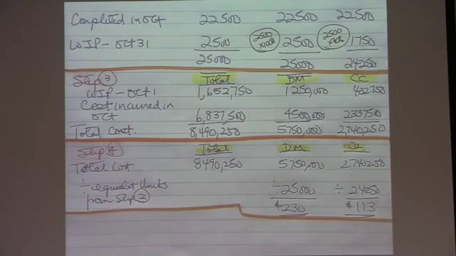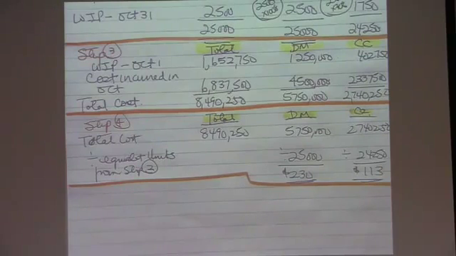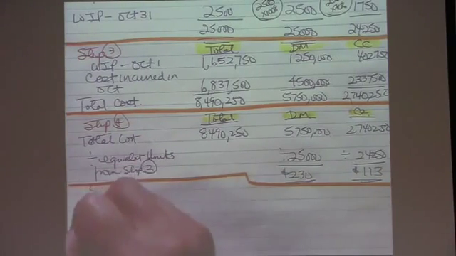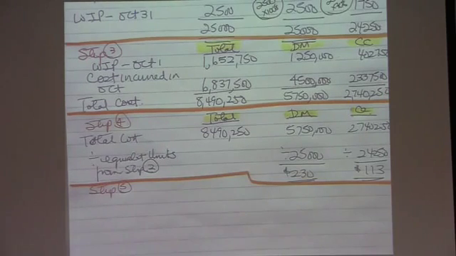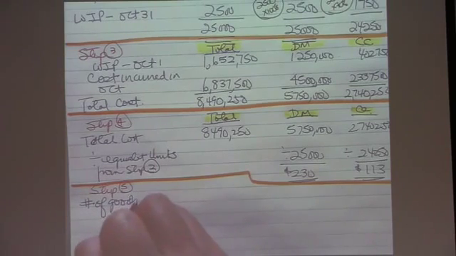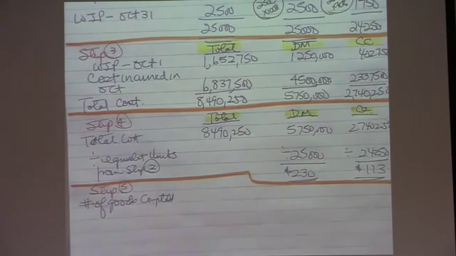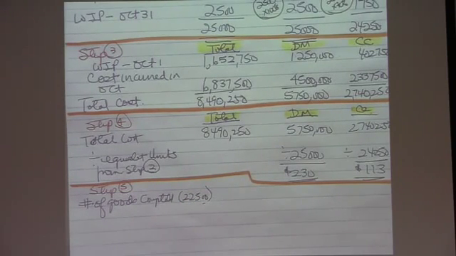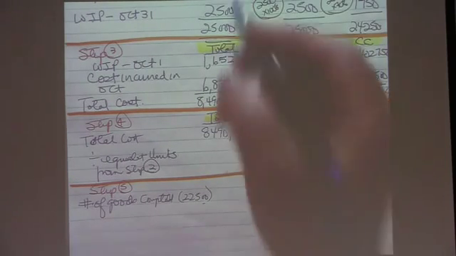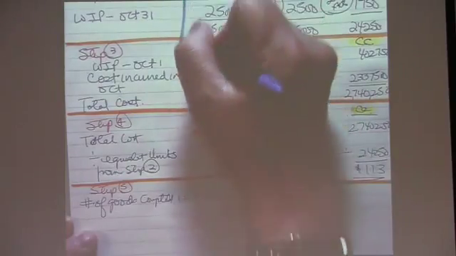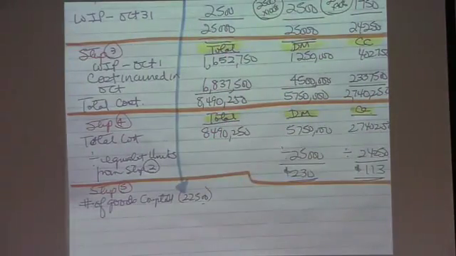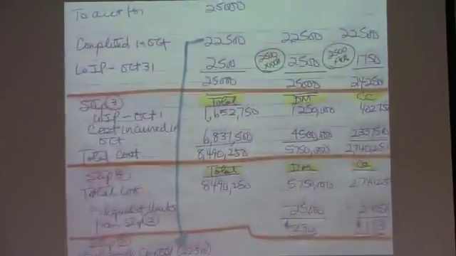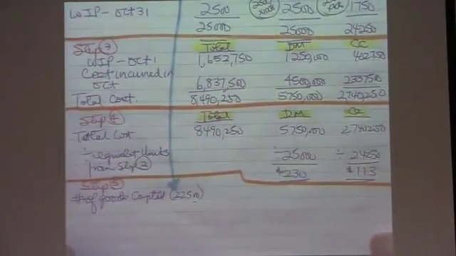So step 5 says, let's figure out how to cost these car seats. The number of goods completed we know was 22,500. We know that because that came from that line, completed in October.